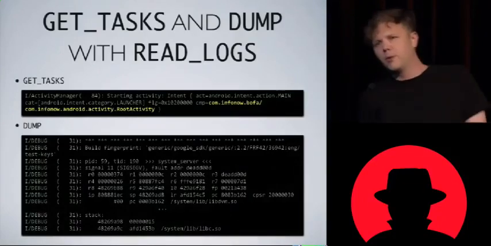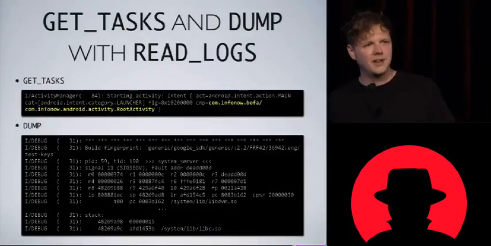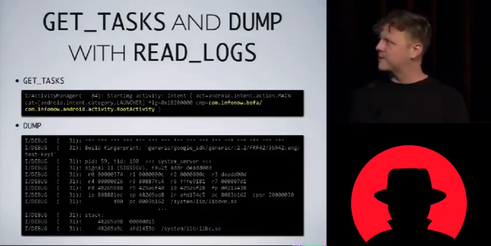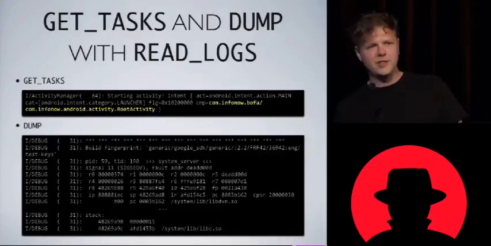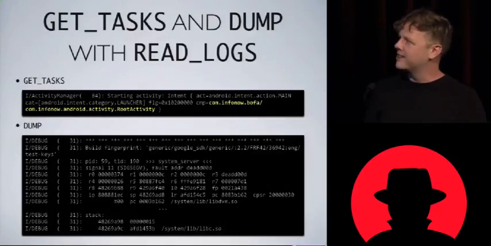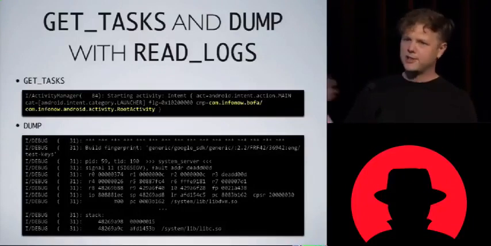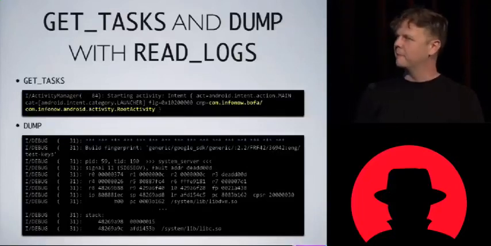So as I said before, read logs can end up being kind of an alias for other permissions that are declared on the system. So there is a get tasks permission that allows you to query recently running tasks. However, as most of those things are triggered by intents, we can actually scrape that out of the logs and just keep our own state tracking there, and keep our own table of what tasks have been running.